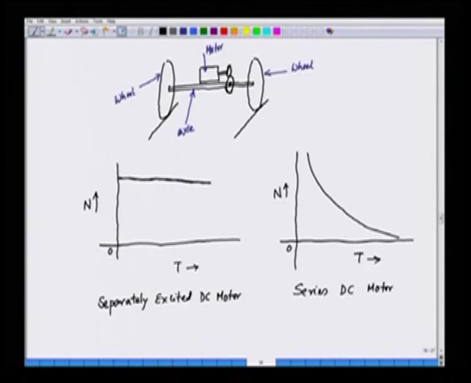Now, if we see which one shall we choose, we have these wheels, and we have multiple wheels. We have another wheel here. Similarly, we will have an axle here connecting these two wheels, and we have the corresponding motor. Now, the wheels are supposed to run at constant speed. They run at constant speed provided the wheel diameter is the same, but unfortunately the diameter of the wheels are not same because of wear and tear.